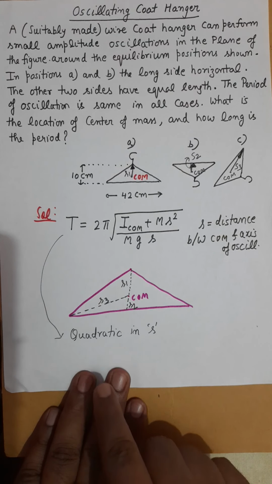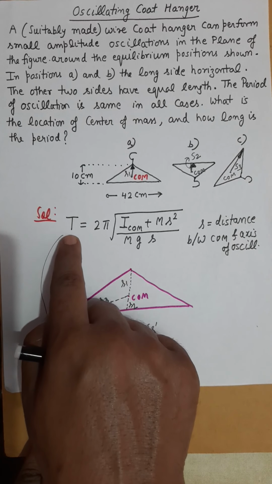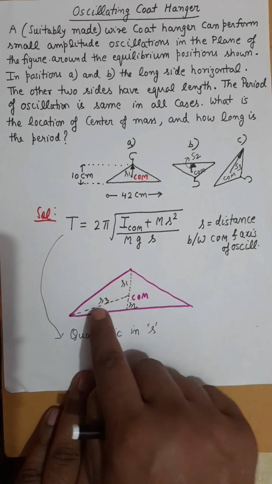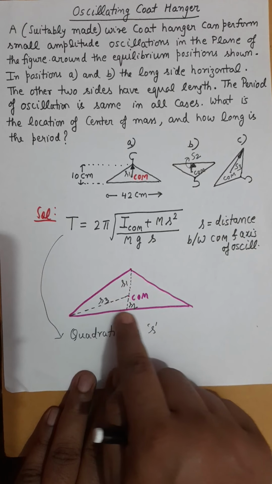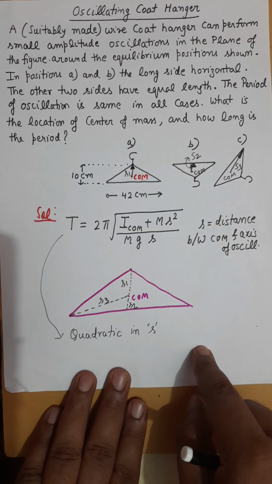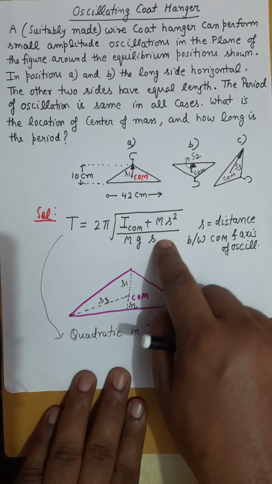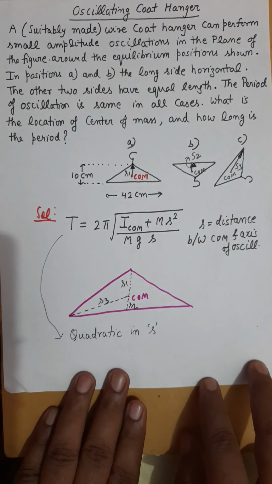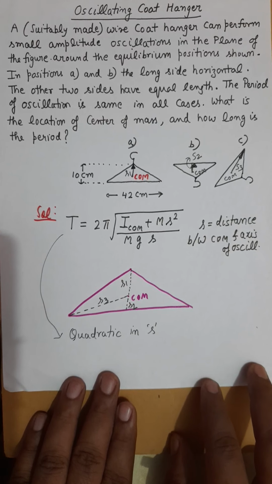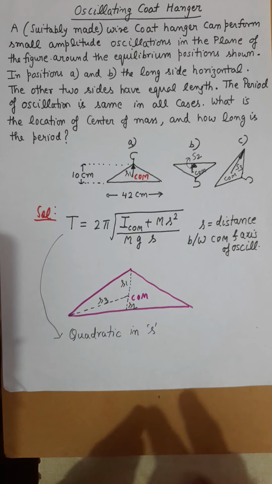But as per the question, we are getting the same value of time period for three values of small s: S1, S2, S3. So if for three different values of s you get the same time period, it looks against a quadratic equation.